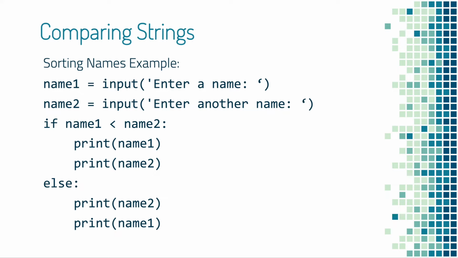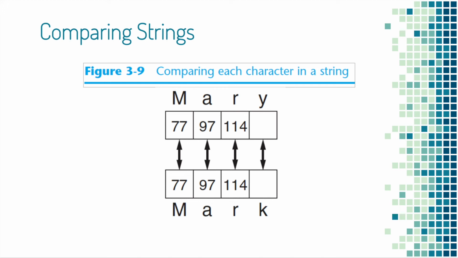Just keep in mind that capitals come first. Specifically, numbers come first, then capitals A to Z, then lowercase a to z. That's how we store it in terms of ASCII values.